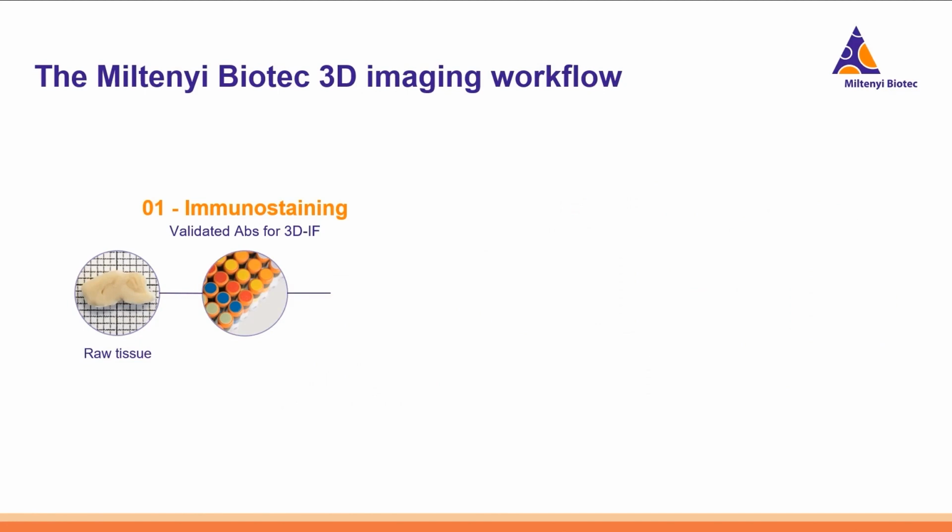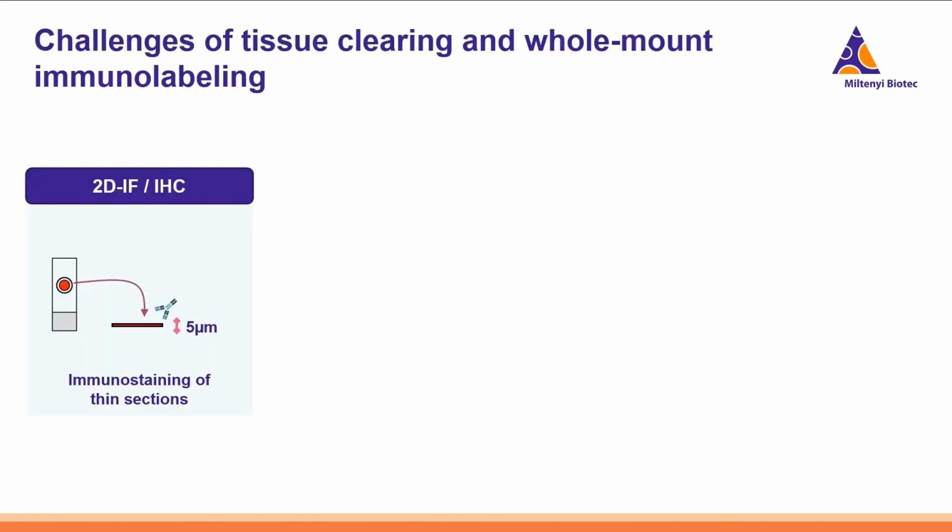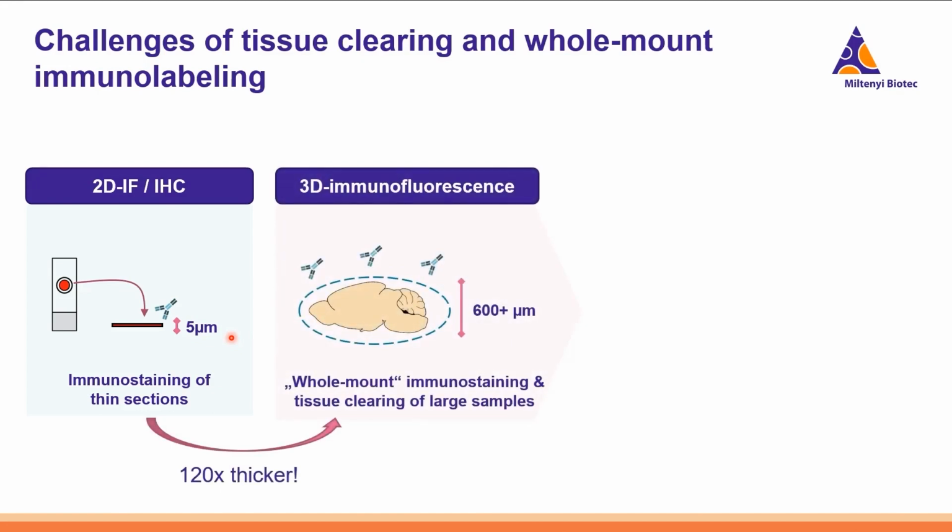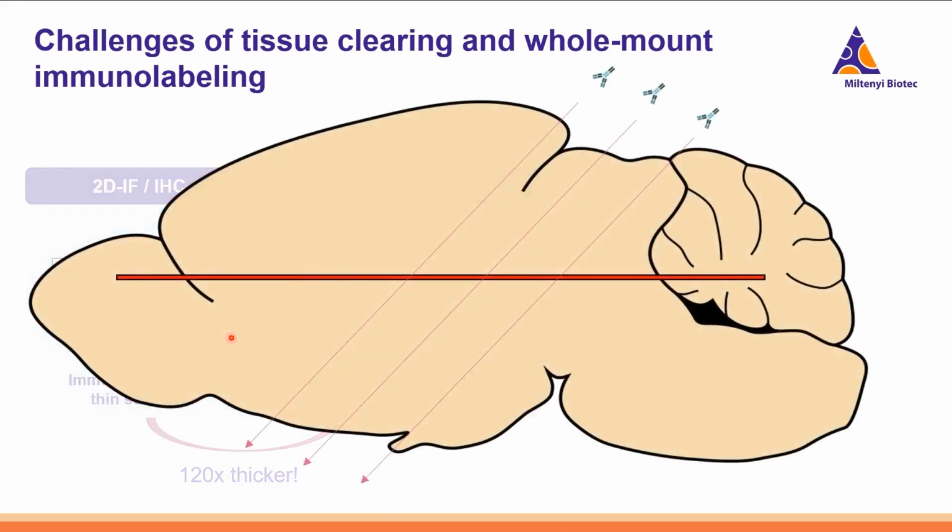the immunostaining, and in this example using antibodies. Immunolabeling of thin sections with antibody is relatively straightforward. The antibody can easily penetrate a thin section and bind to the epitopes. Now, when it comes to bigger structures or the whole tissue, what comes to mind immediately is that the antibody would have a hard time penetrating homogeneously all over the tissue.